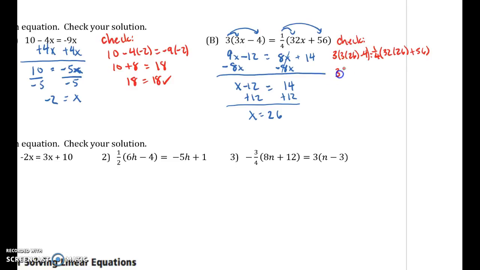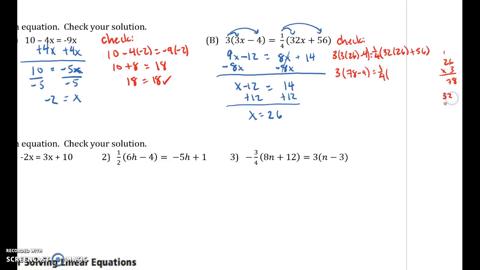So I'm going to get 3 times 26. Again, if I needed to do that on the side, 6 times 3 is 18, carry the 1, so that's going to be 78. And then 1/4 of 32 times 26.